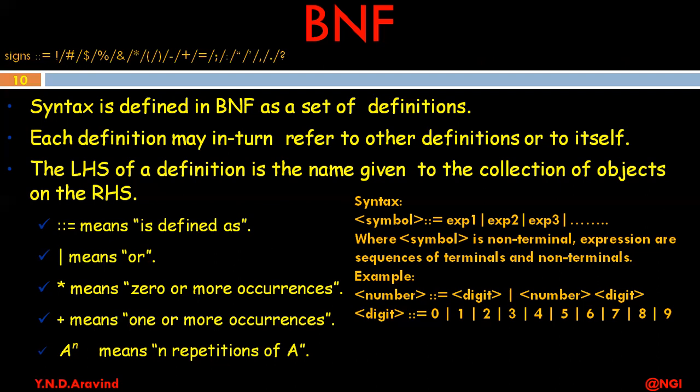The left hand side, the LHS of the definition, is the name given to the collection of objects on the right hand side. Here the string double colon equal to is interpreted as a single symbol, which means is defined as. And a slash, which means OR. Okay, not vertical bar, that was a mistake.